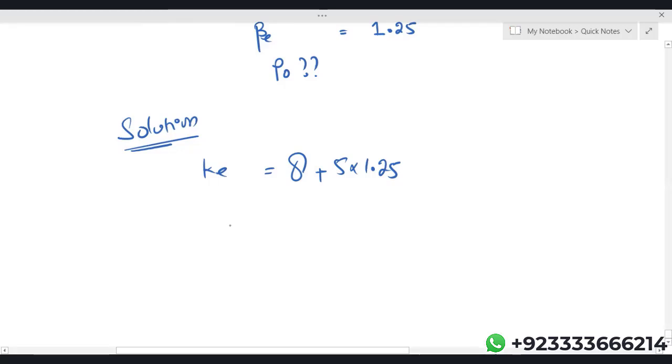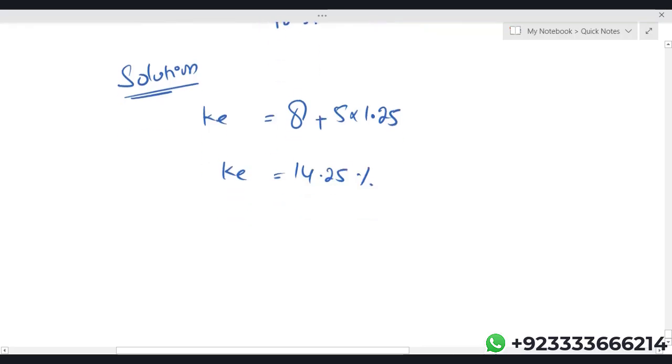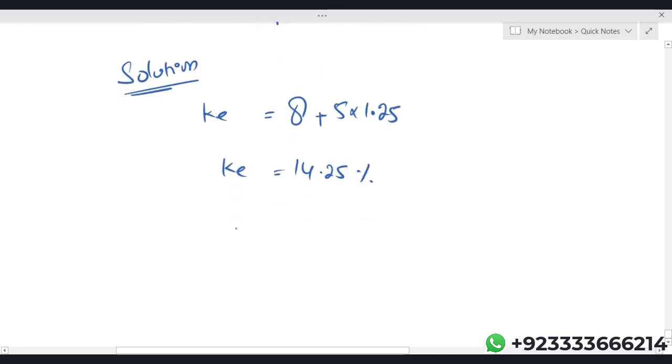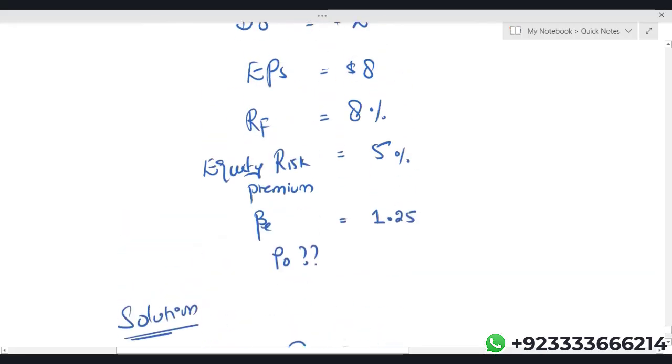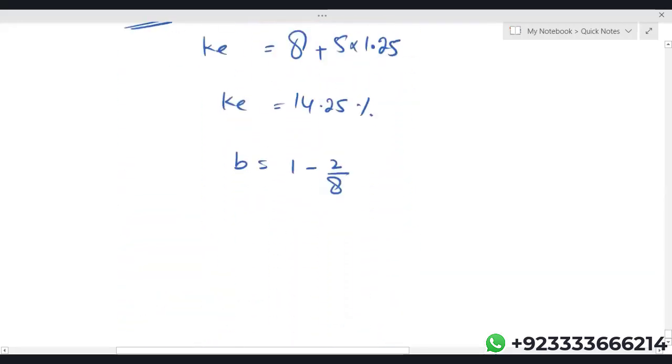So KE we are getting 14.25%. b is equal to 1 minus payout ratio. Dividend per share is 2. EPS is 8. So retention ratio is 0.75.